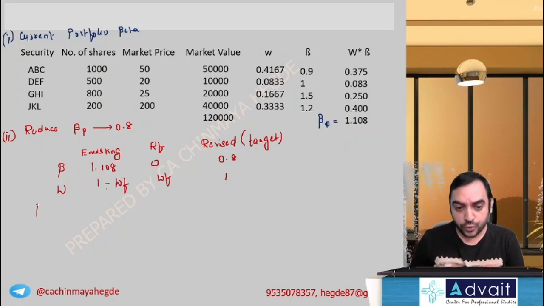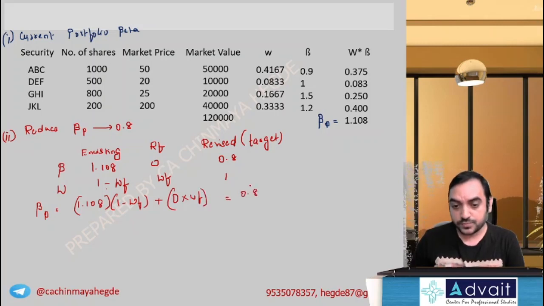So what is the portfolio beta going to be? Weighted average, weight multiplied by beta. Beta 1.108 multiplied by its weight 1 minus WF, plus risk-free security 0 into WF, which we can ignore, should be equal to 0.8.